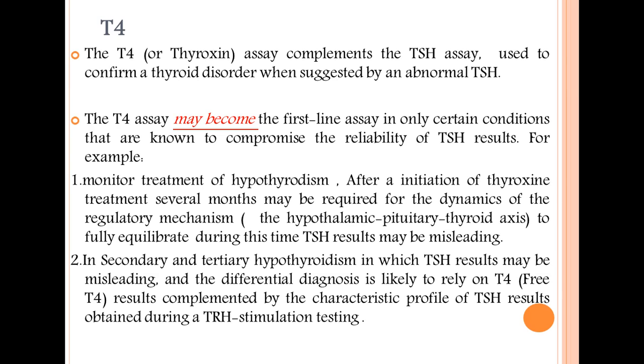So in these two conditions only, T4 is better than TSH and more reliable. The first case is if a patient is already diagnosed with hypothyroidism and is on treatment with thyroxine. The second case is when the patient has secondary or tertiary hypothyroidism.